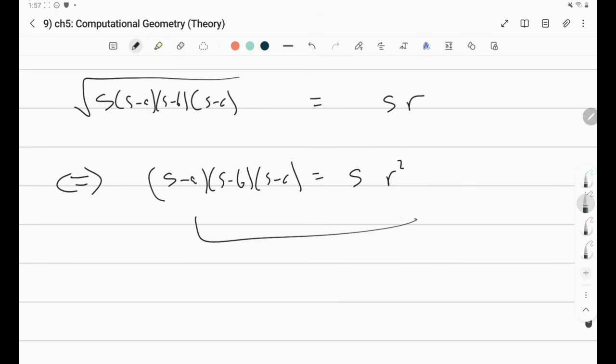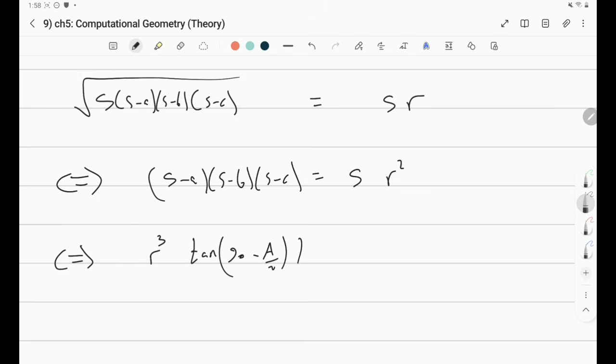Now we just need to prove this, and that's equivalent to showing R cubed here, because I'm going to replace S minus A with R times tan of 90 minus A over 2, and the other guys similarly, equal to R squared from here, and I'm going to replace S with their sum.